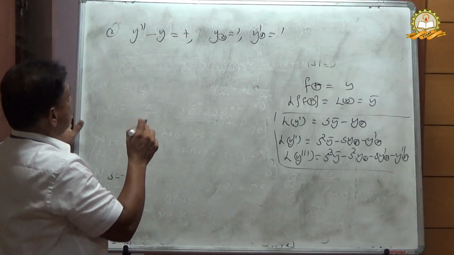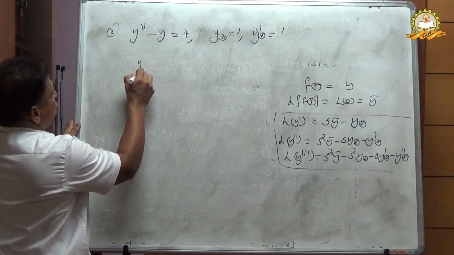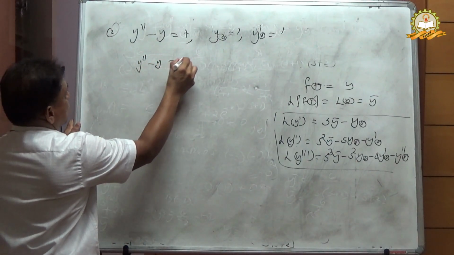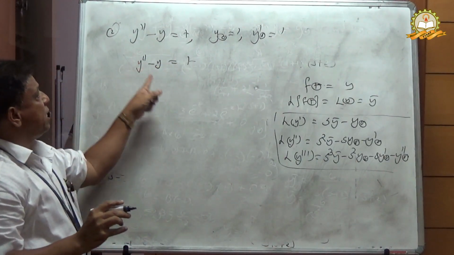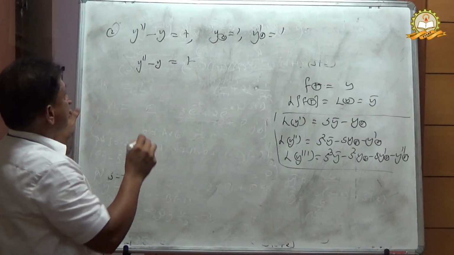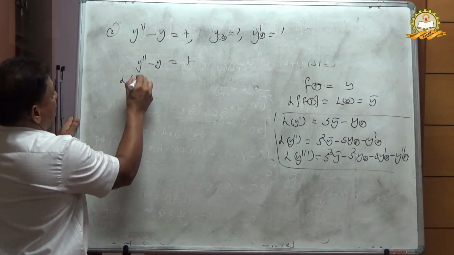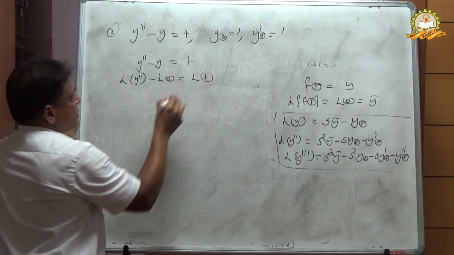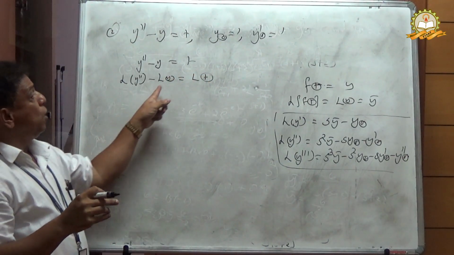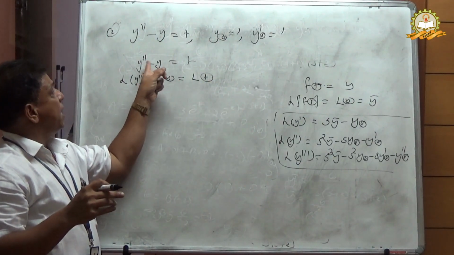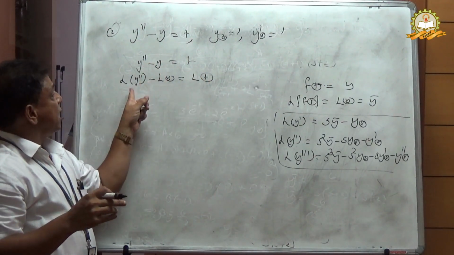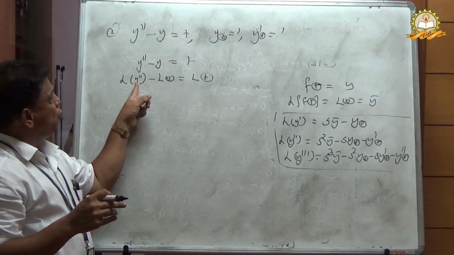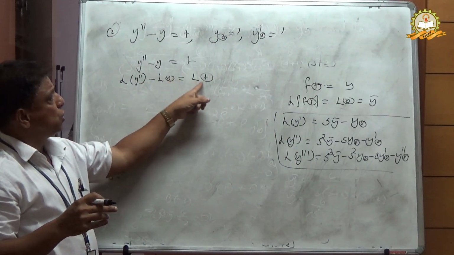For that, just like the previous case, y double dash minus y is equal to t. Taking Laplace transform on both sides, L of y double dash minus L of y is equal to L of t.